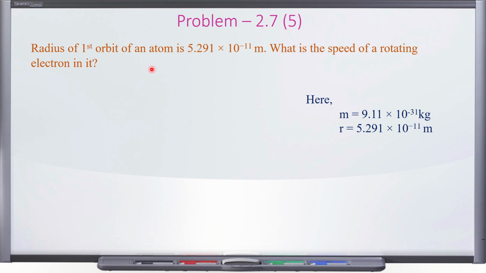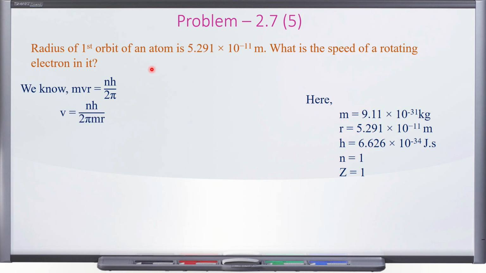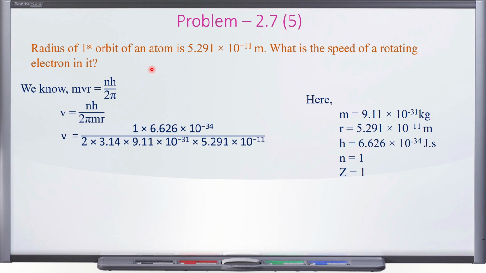R is given in meter, 5.291 into 10 to the power minus 11 meter. h is Planck's constant, n equals 1, z equals 1. mvr equals nh by 2 pi, so velocity v equals nh by 2 pi mr. By putting all these values, we get the velocity of the electron equal to 2.188 into 10 to the power 6 meter per second. Dear students, just remember the answer has matched with your previous answer.